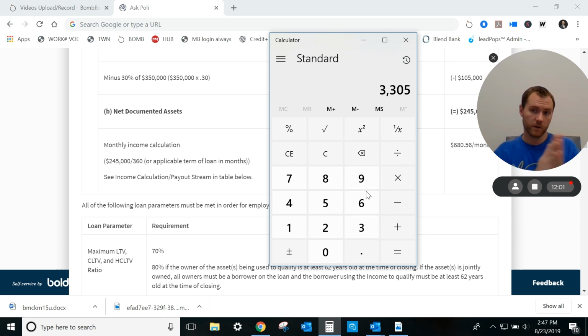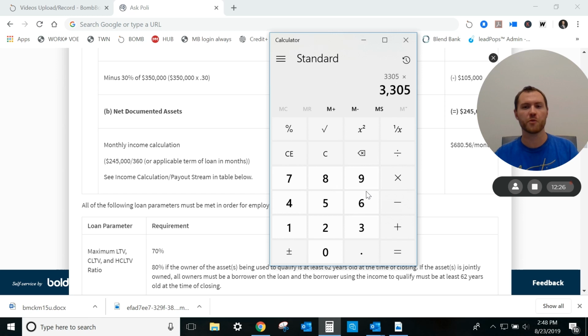Well, now we're going to take that one step further. We would need to take that and look at it compared with the debt to income ratio to make sure that those numbers work. The maximum top of the line debt to income ratio for a conventional loan is 49.999%.